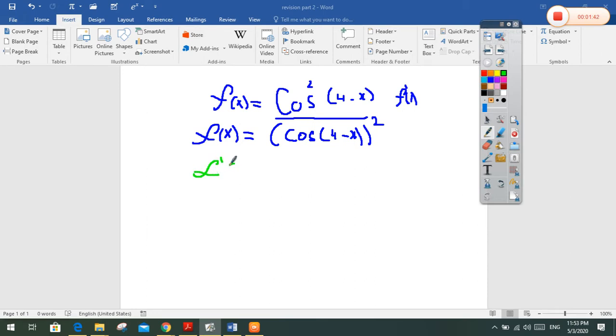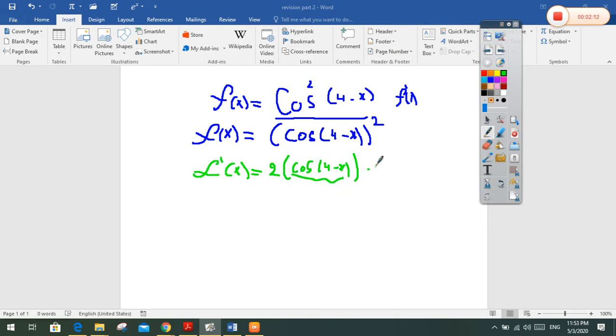Applying the general power rule, which states the power multiplied by the bracket, which is cosine at the angle 4 minus x, then close the bracket of the angle and the bracket of the inner function. Multiply the derivative of what is inside, it is also a composite function.